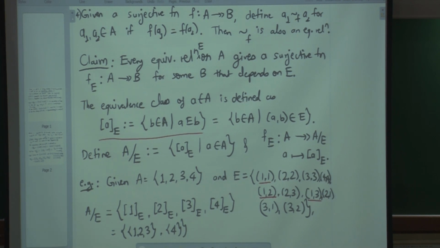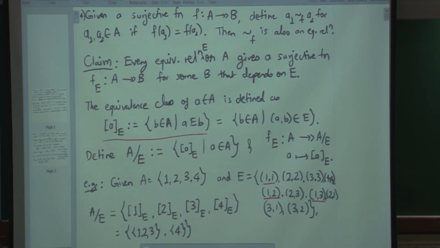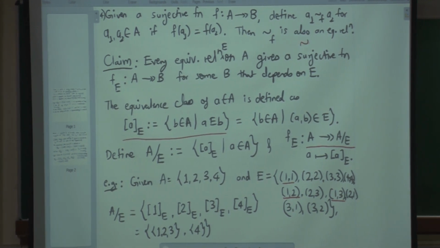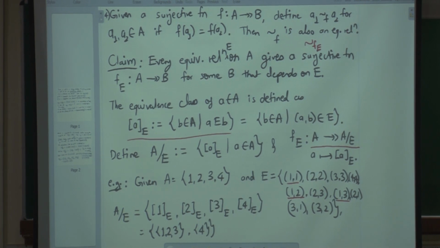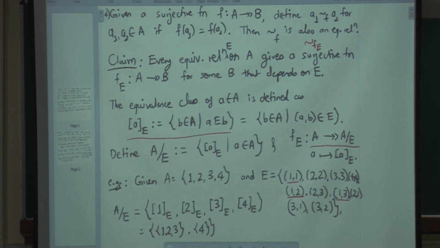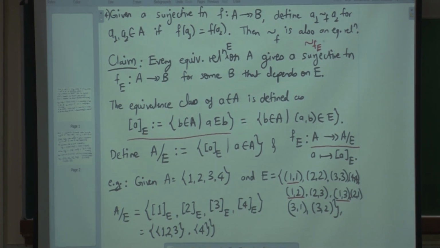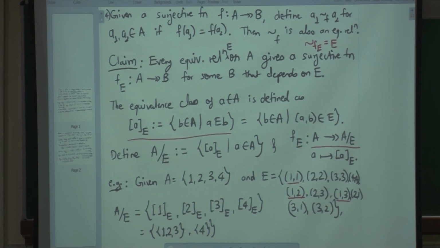Okay, so given this particular surjective map, what will be the corresponding relation tilde f sub E? This is f sub E. So what will be tilde f sub E? Well, it will be equal to E itself.